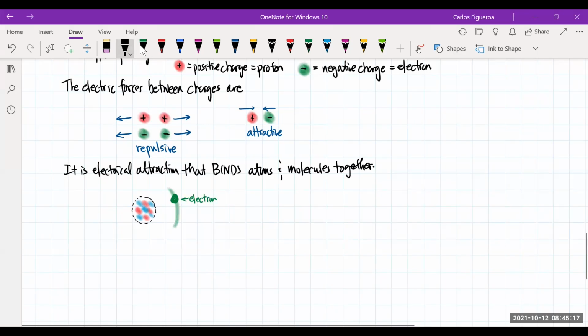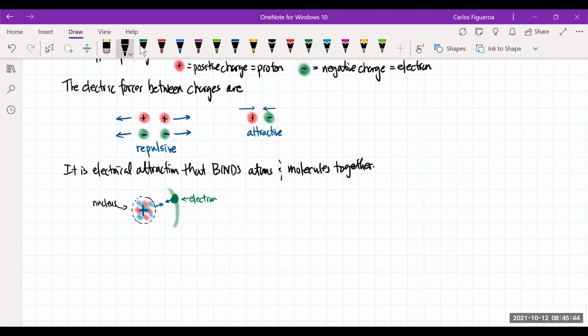And of course, this is going to be my nucleus. And when you look at this, what you're seeing here is that there's an electrical attraction. Why? Because I have a positive nucleus and I have a negative electron. That's what creates an atom, these electrical forces.